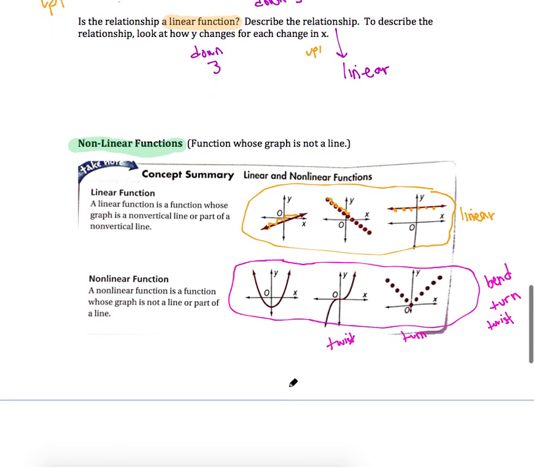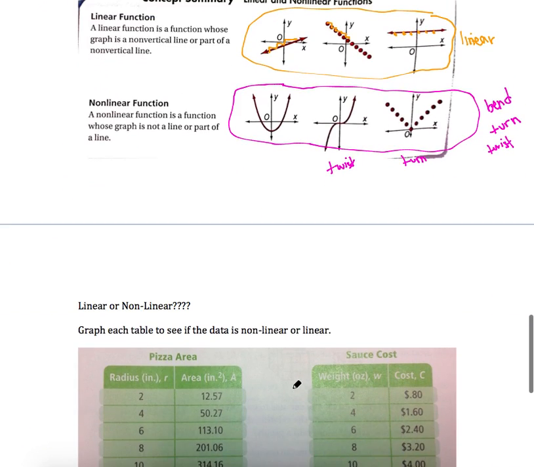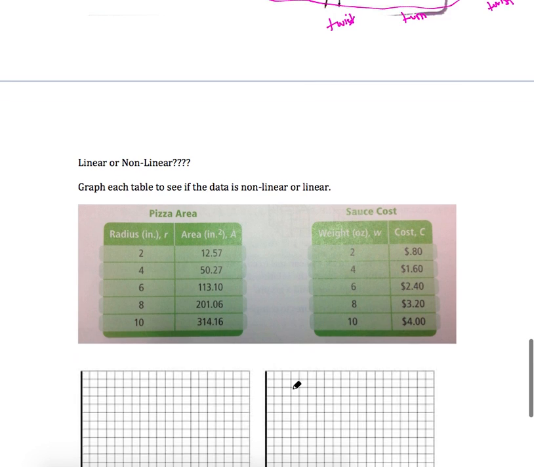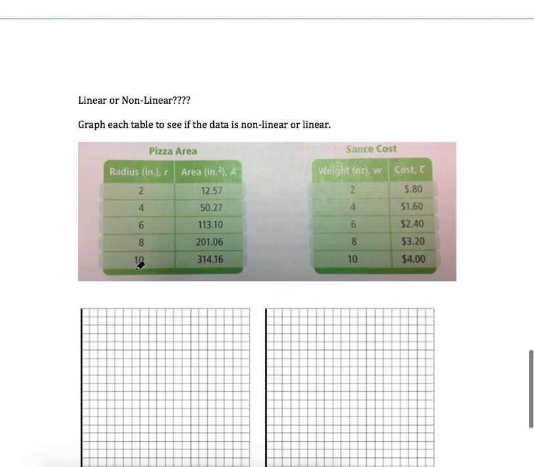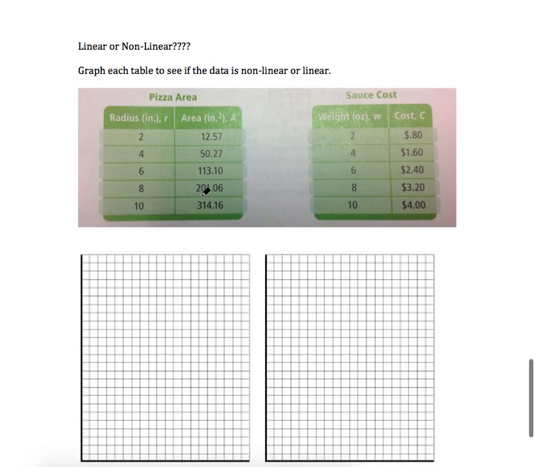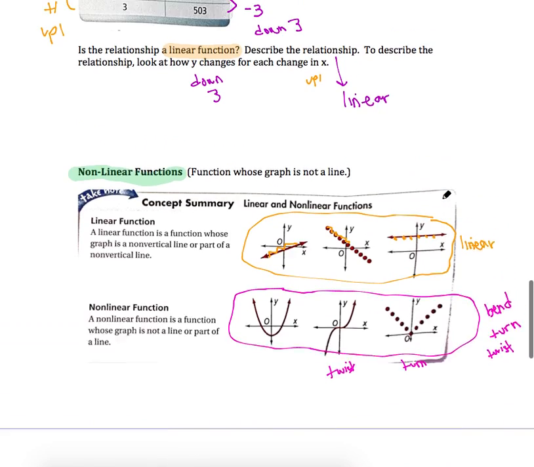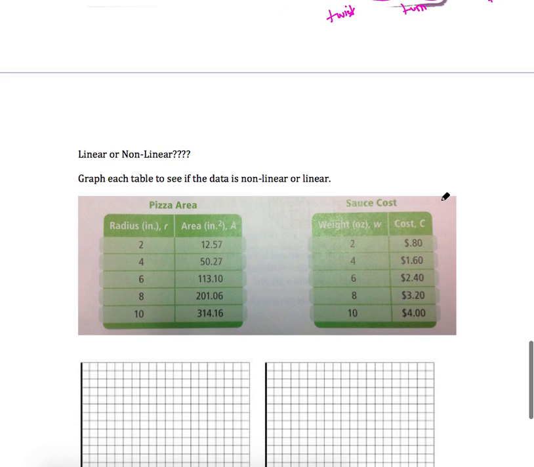And we should be able to see that in our tables as well. So if we look at these tables, since I see decimals here, I'm going to grab my calculator. I'm not going to worry too much about graphing it right now, but let's just look at the patterns. On the x's, a lot of times the x pattern will be the same.